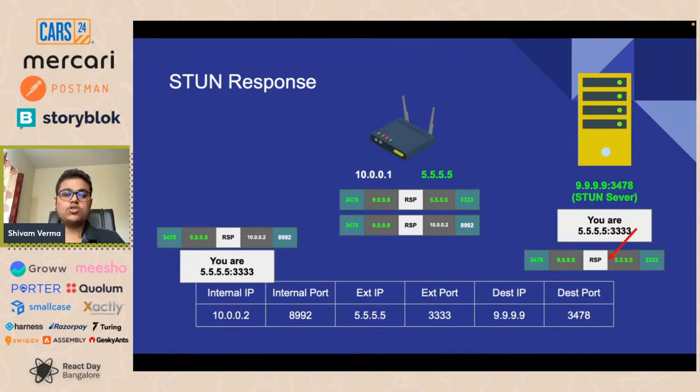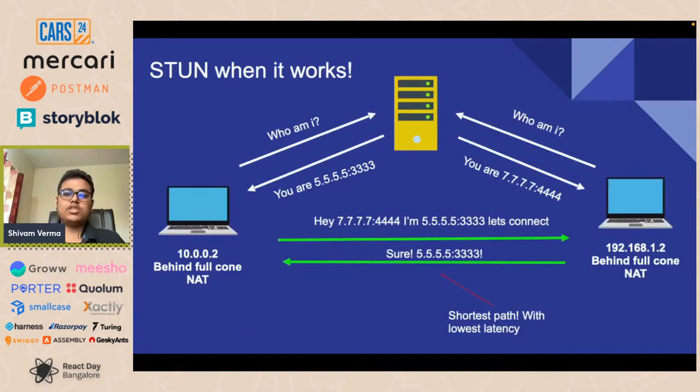So now in the response, you know, okay, this is my public IP address, and then you can establish a peer-to-peer connection. So behind a full cone NAT, or an address or port restricted NAT, you send your request to STUN, get your public IP, and now both of them can interact. Okay, hey, I am this, do you want to connect? Sure. So this is the shortest way to connect peer to peer.